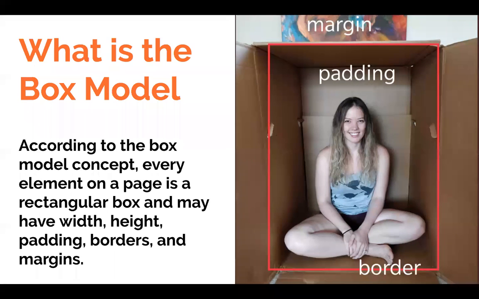Elements have height and width. So elements that are not inline have height and width. According to the box model, every element you see in the web page is a rectangular box. So it may have a height, a width, padding, border, and margin.